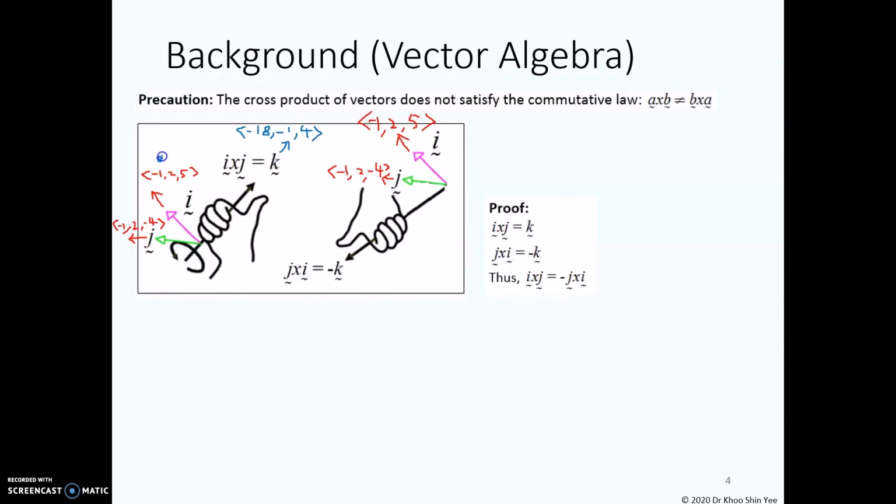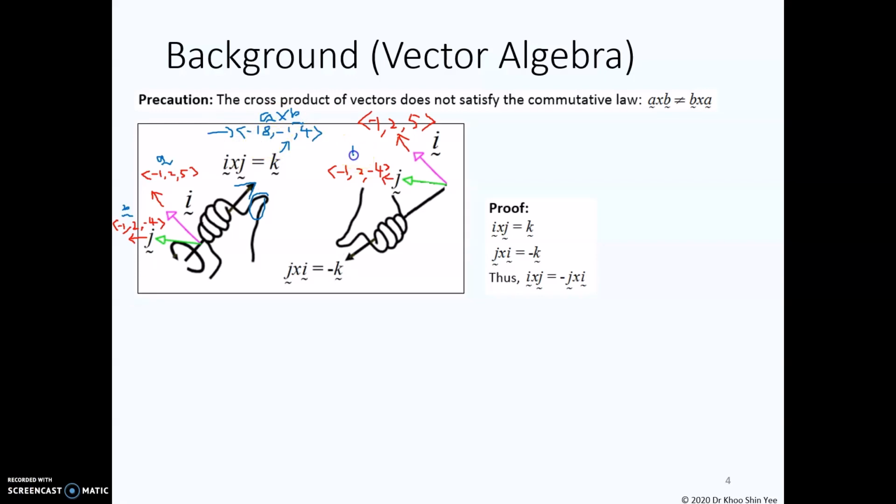So previously, when you take A cross B, you cross the fingers from the A direction to the B direction here. Then the thumb points to the final product, which is in this direction. So this is the direction for A cross B, and previously we succeeded in finding A cross B to be this answer.